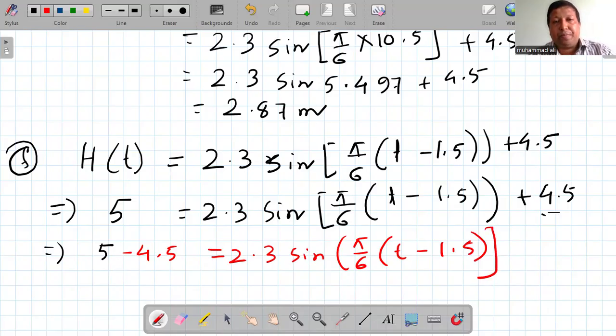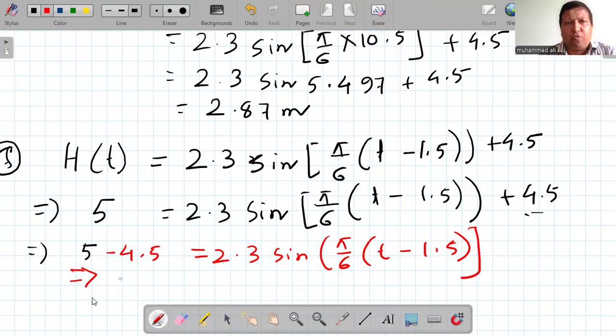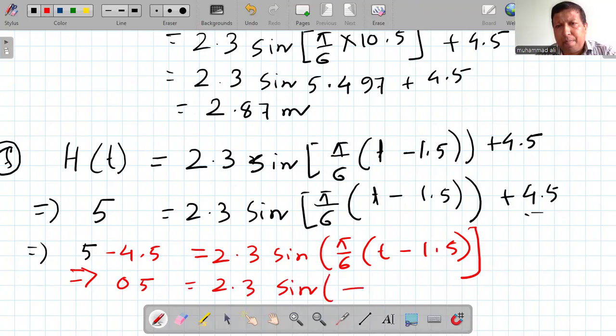So 5 minus 4.5, it is 0.5 equals 2.3 sine pi by 6 (t minus 1.5).